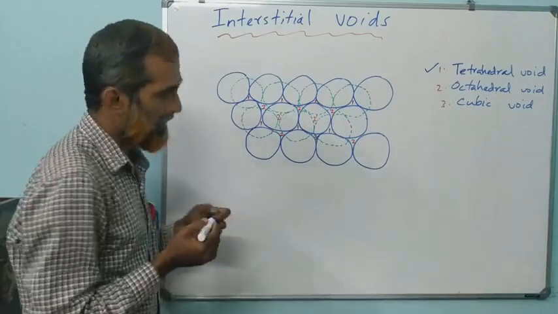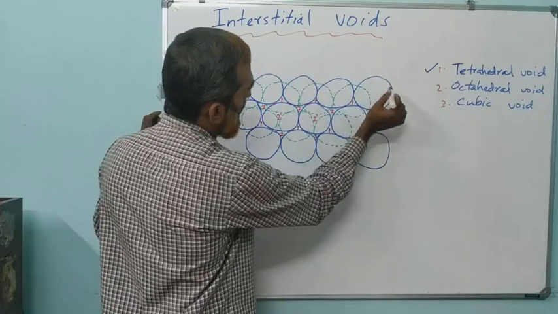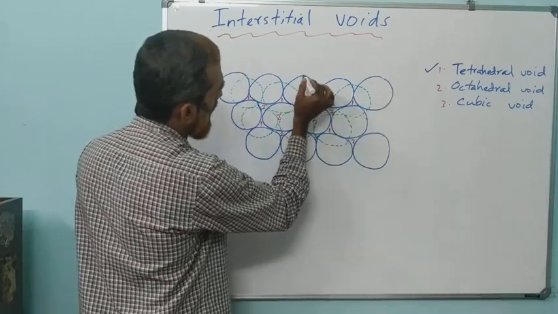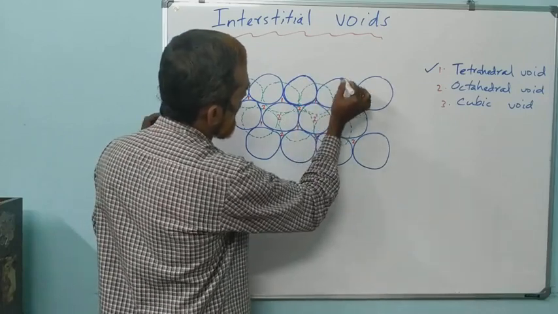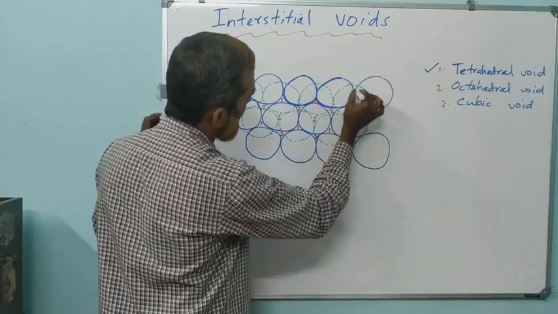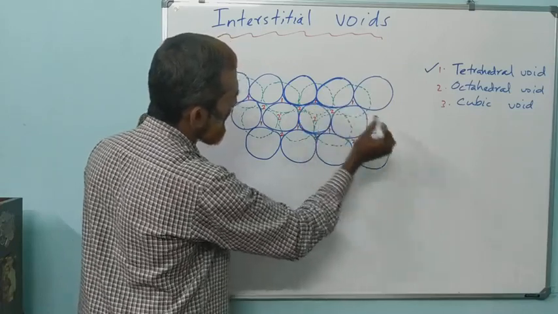To understand tetrahedral voids, consider in the first layer a blue sphere, I am marking this one, the second sphere, and the third sphere here.